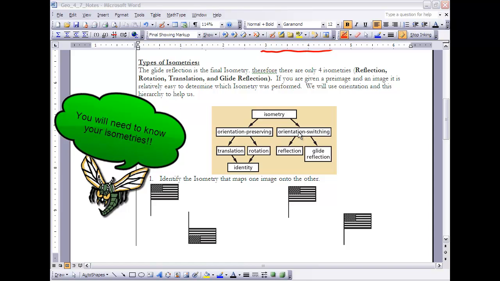If it preserves orientation, it would be the ones with two reflections, which are translations and rotations. If it switches orientation, it's going to be either a reflection or a glide reflection. You'll notice that the identity transformation is underneath orientation preserving. An identity transformation is just something that gets a figure right back to where it started. So we want to use that in helping to do the next example problem.